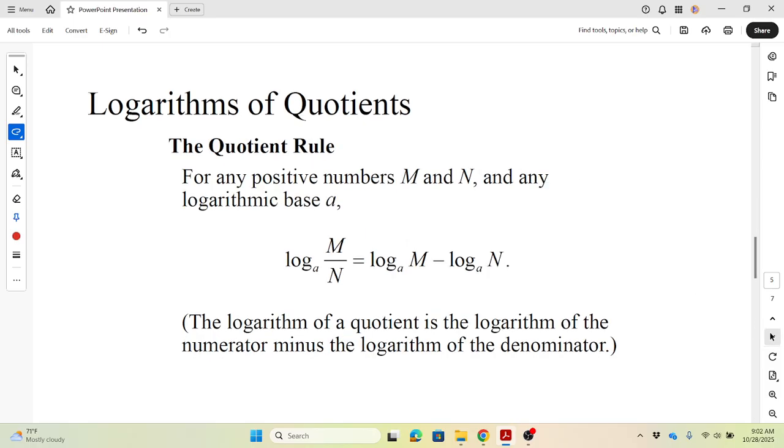And finally, the quotient rule is if you have a quotient, a division, log base a of m over n is equal to log base a of m minus log base a of n. The logarithm of a quotient is the logarithm of the numerator minus the logarithm of the denominator.